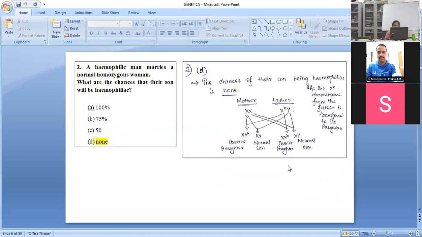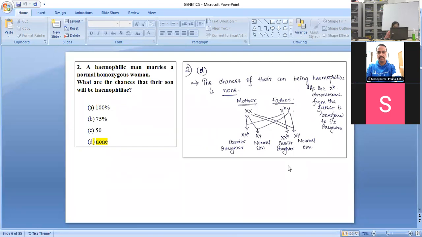Now, similarly for hemophilia also, if a hemophilic man marries a normal homozygous woman, what are the chances that their son will be hemophilic? We know that hemophilia is again X-linked, and the chance of their son being hemophilic is none.